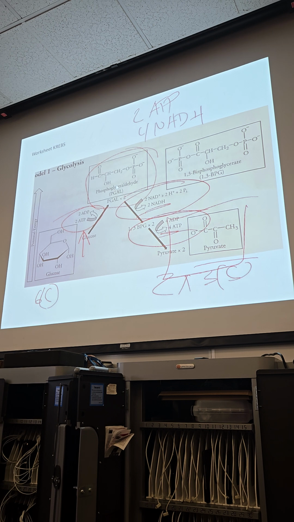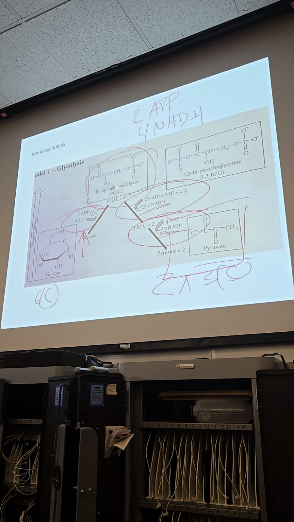So for 10, what method would you propose by which a pyruvate molecule moves across the mitochondrial membrane? Oh, that's fine. 10B, or 10A.